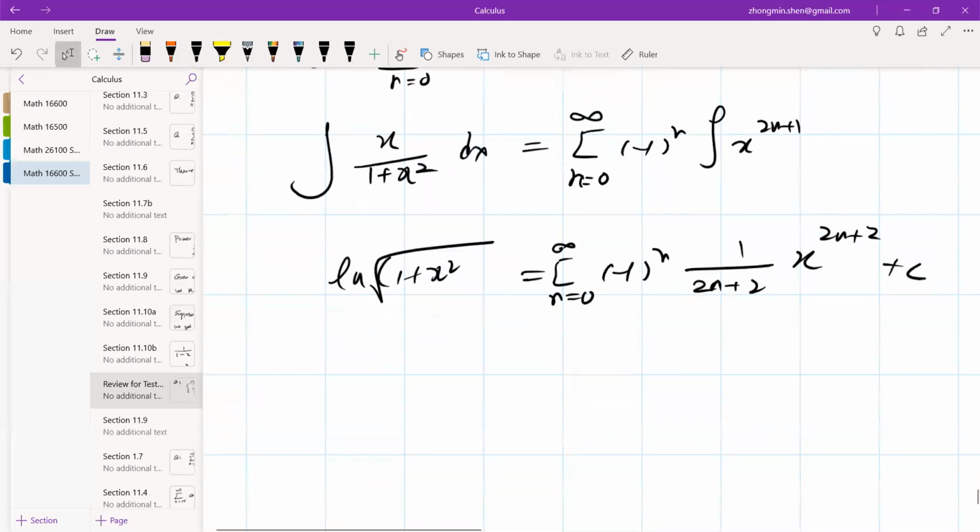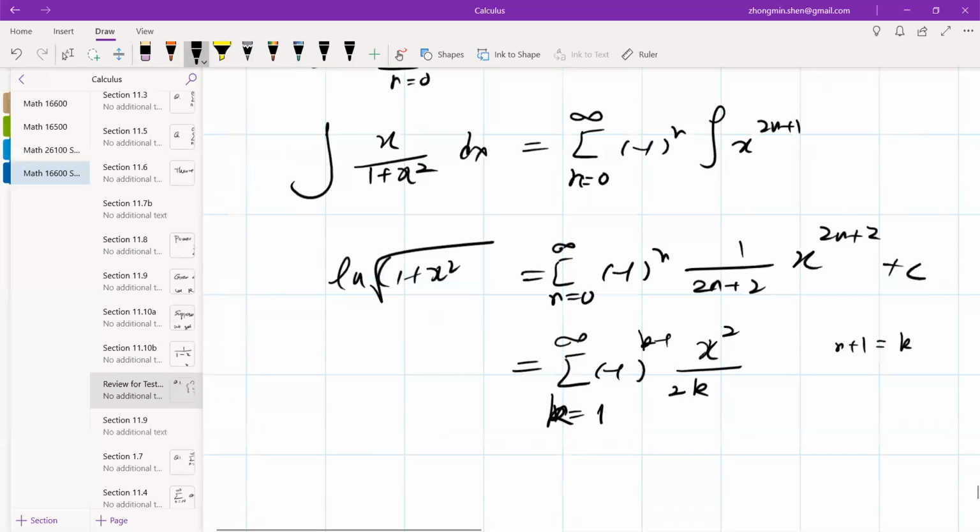So I can regroup them. I can start from 1. So n plus 1 is going to be k, where k starts from 1. And then negative 1 to the k minus 1, over 2k, x to the power 2k.